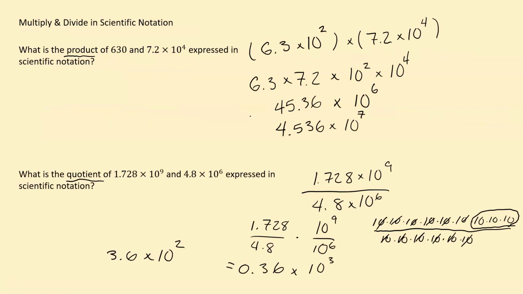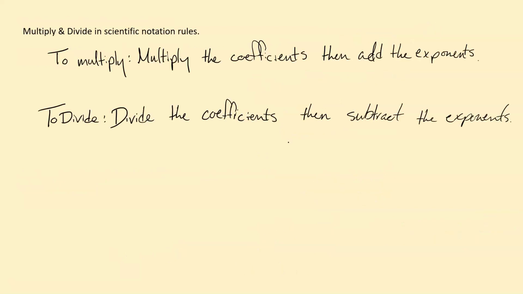So just like we did in this first problem, we multiplied the coefficients, the 6.3 and the 7.2, and then we added the exponents. We added 2 and 4, we got 6. And don't forget the final step to convert it. You do need to make sure that the decimal place is after the first digit. So multiply the coefficients, then add the exponents.